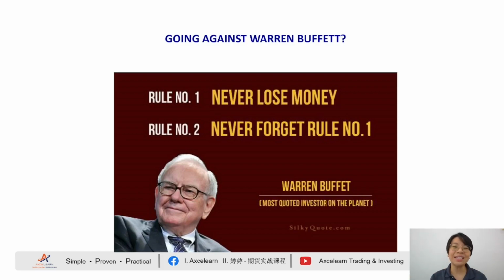But we can see that the majority of traders and investors interpret never lose money exactly as per the words: don't lose money. When it comes to trading, don't lose your money, never lose a single cent of it.